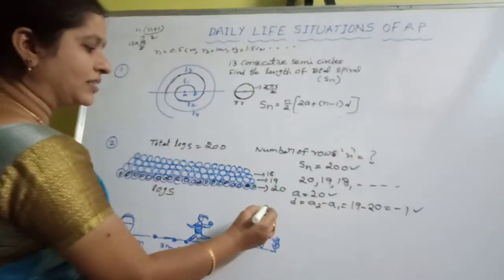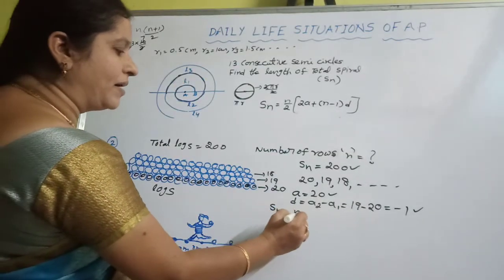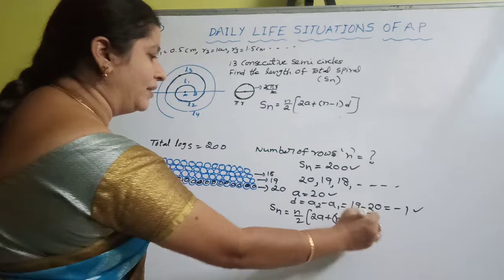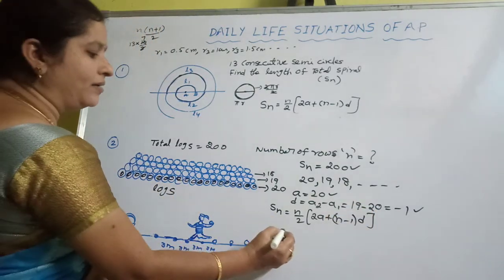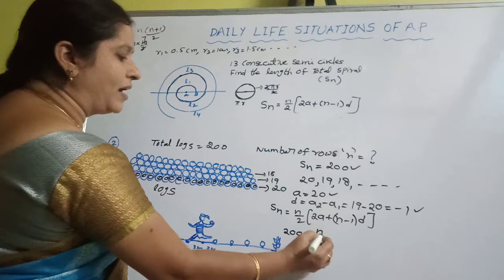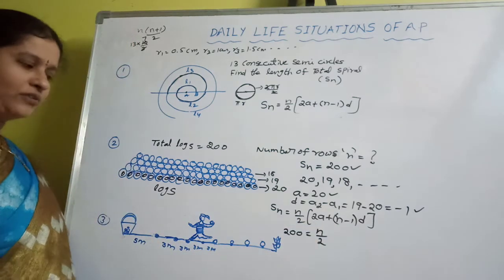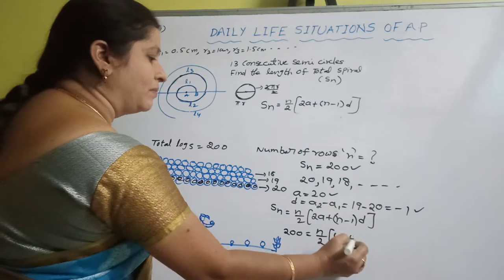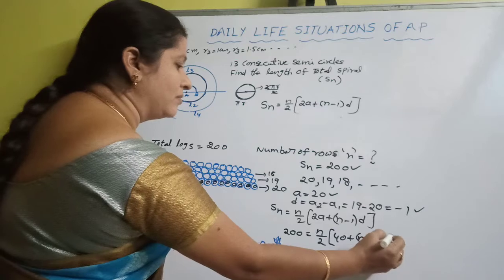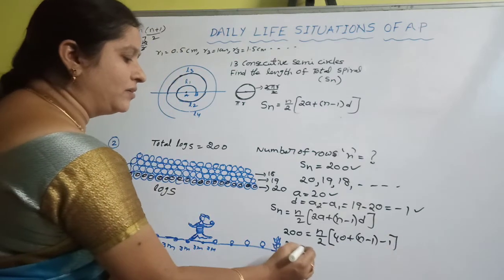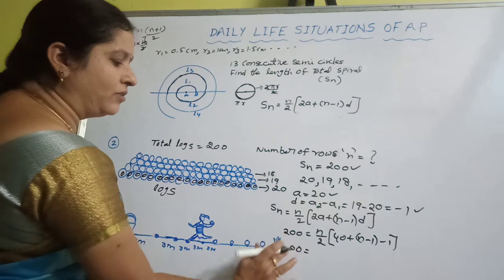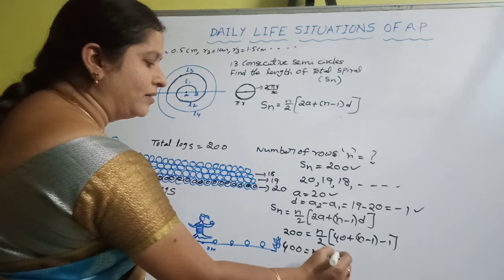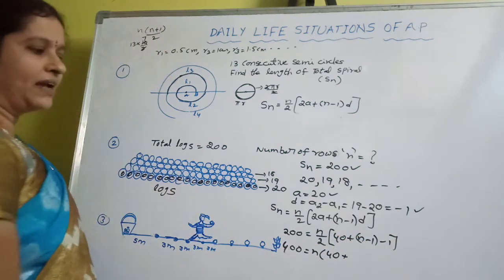So what is the formula? Sn equals n by 2 into 2a plus (n minus 1) into d. Given Sn is 200, n is the unknown you have to find. So n by 2 into 2a, 2 twenties are 40, plus (n minus 1) into d, which is minus 1. So 200 equals; multiplying by 2 we get 400 equals n into 40 plus (n minus 1) times minus 1.